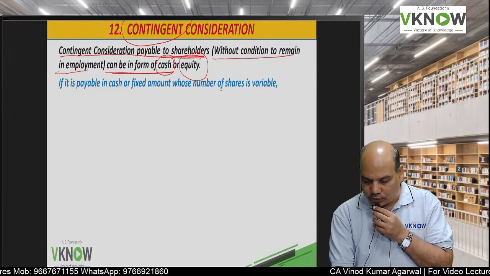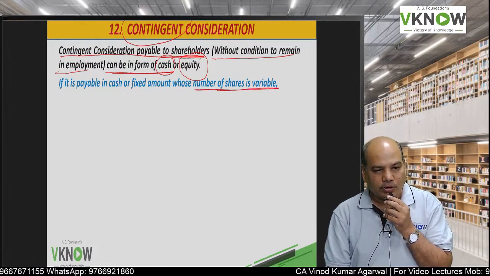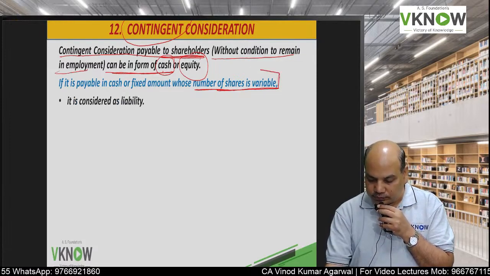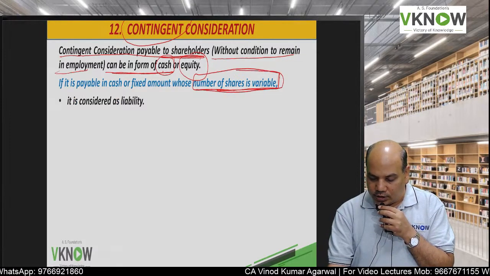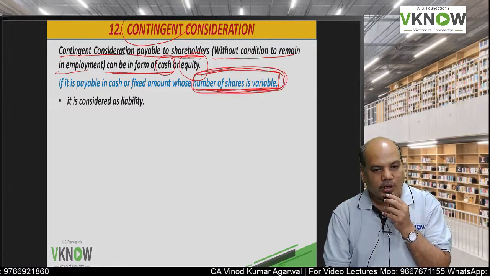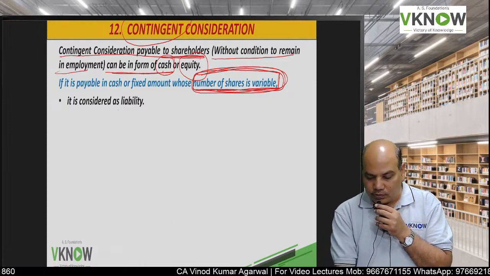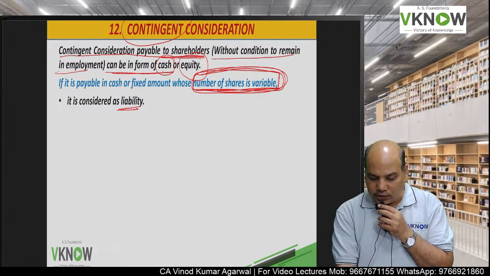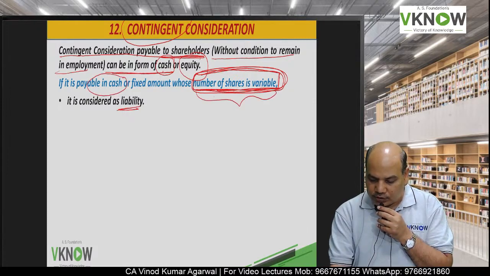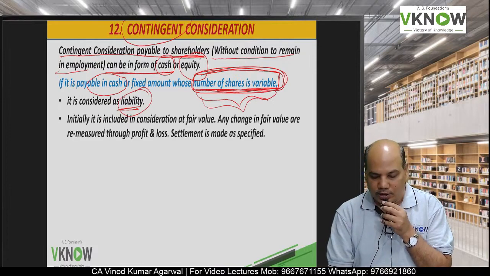Now the question is, what about number of share? Number of share can be fixed or number of share can be variable. So if number of share is variable, you have studied in the standard on financial instrument IND AS 32 that it is a liability. So therefore, if the contingent consideration is payable in cash or payable in number of share which is variable, it will be treated as a liability.